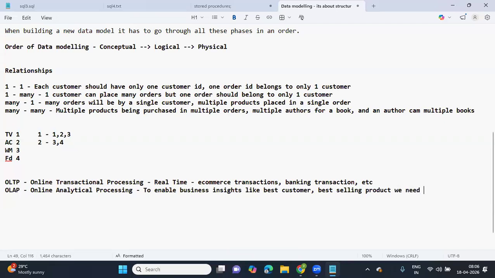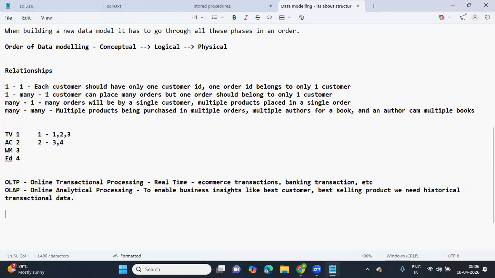We need historical transactional data. OLTP is real-time data. OLAP is historical data. Okay.